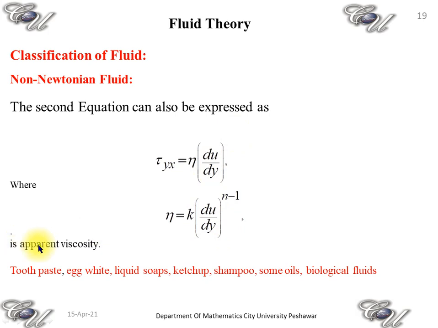Here eta is what we call the apparent viscosity, through which you can see the nature of the fluid. Examples are toothpaste, egg white, liquid soaps, ketchup, shampoo, some oils, and biological fluids, such as blood, or the fluid inside the knee.